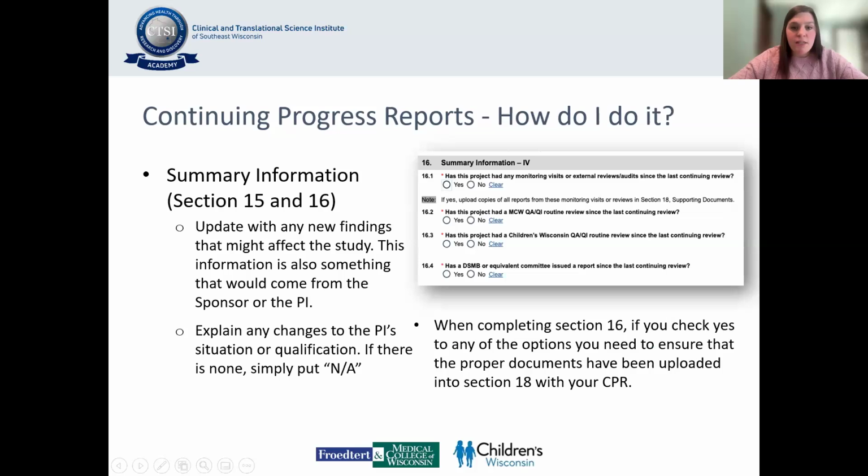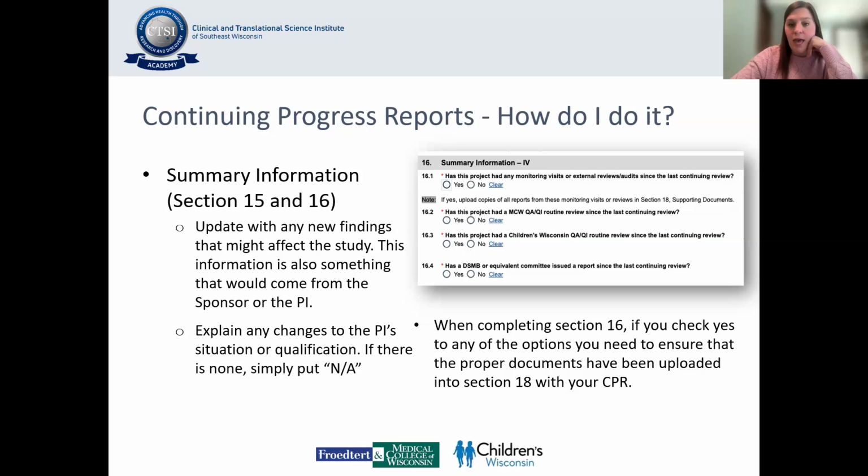Okay, so sections 15 and 16: you're going to be updating with any new findings that might affect the study. This is also something that would be coming from the sponsor or the PI, explaining any changes to the PI's situation or qualifications. If not, then you're putting NA there. When completing section 16, if you check yes to any of the options, you need to ensure that the proper documents have been uploaded.